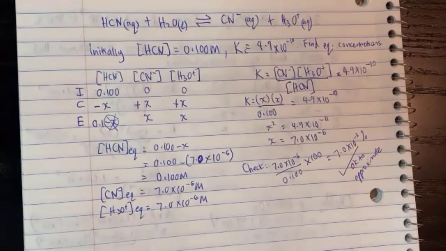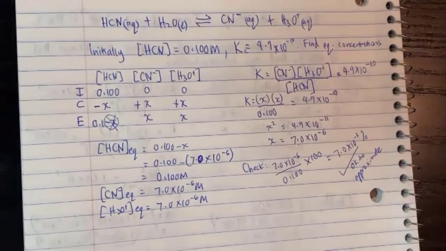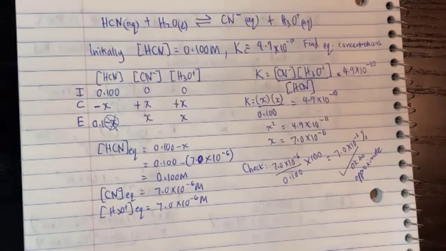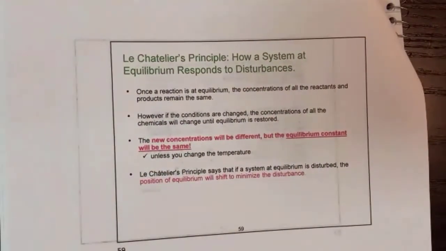We did a few examples, then we showed you without the approximation, and then we did some examples with the simplification of math. The last part of our chapter is Le Chatelier's principle, how a reaction that's already at equilibrium will respond if you mess with it after it reaches equilibrium.